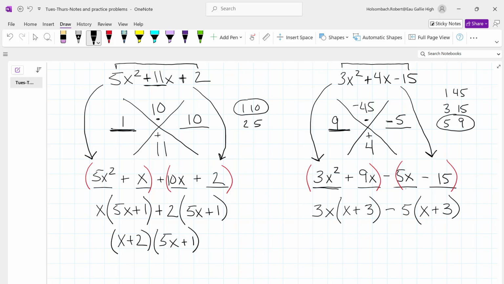And now we've got our 2 binomial factors. So 3x minus 5 and x plus 3.